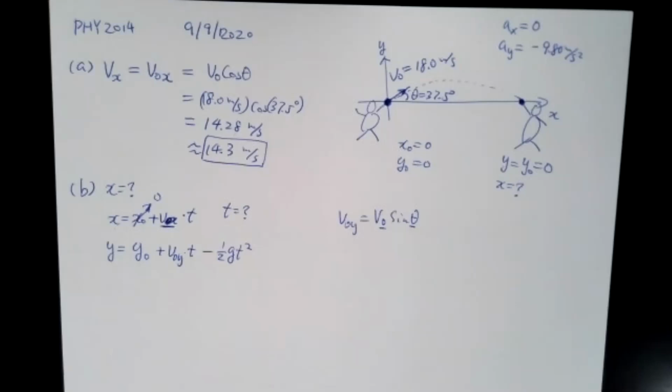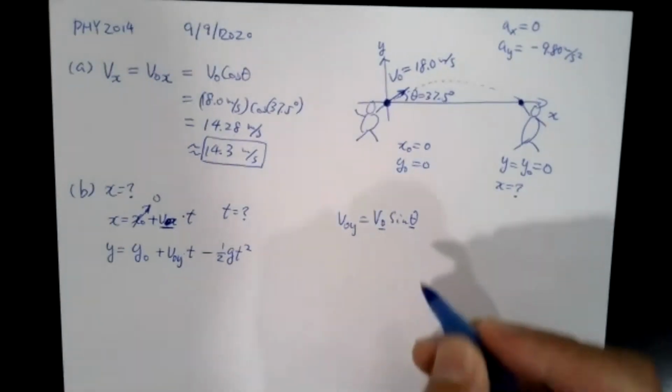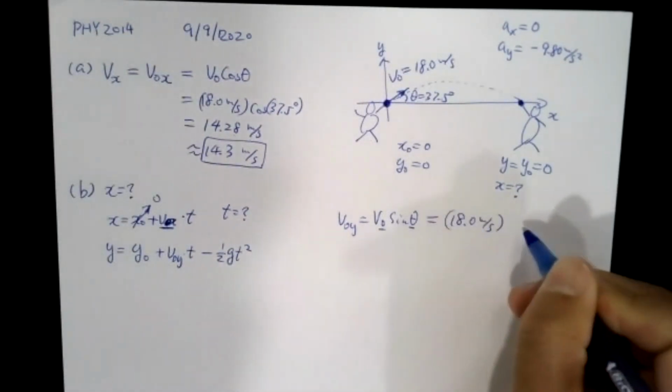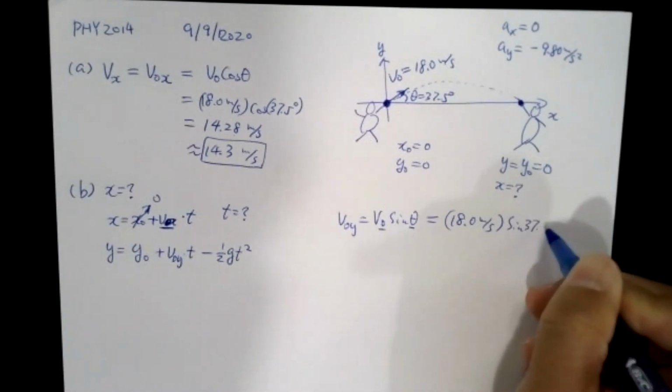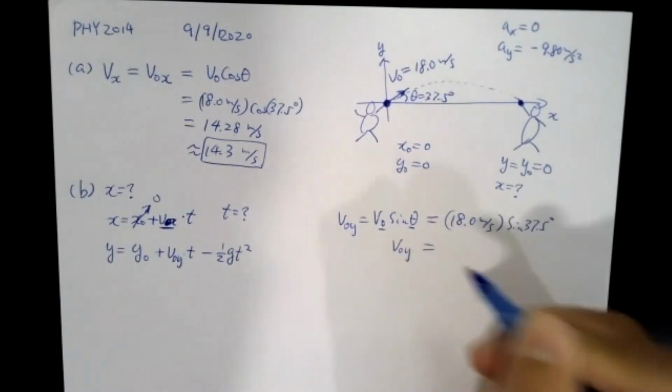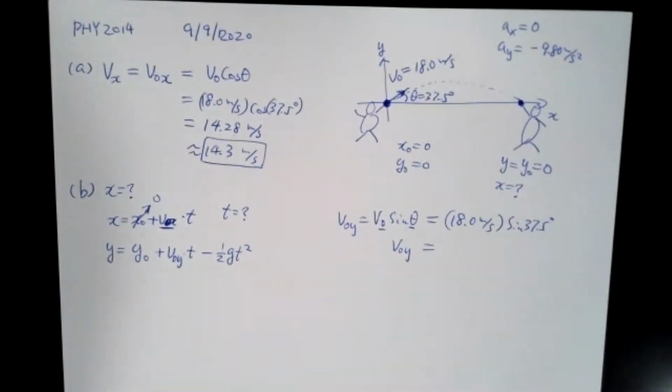So you can figure out your v0y first. You can plug in the numbers here, 18.0 meters per second times sine of 37.5 degrees. That tells you your initial velocity in the y component.